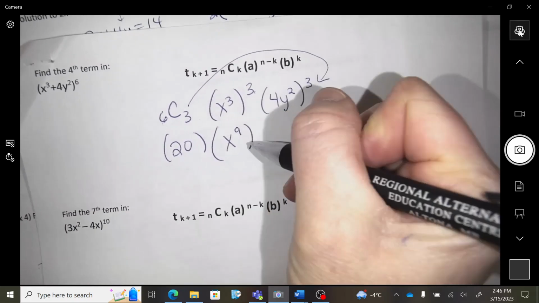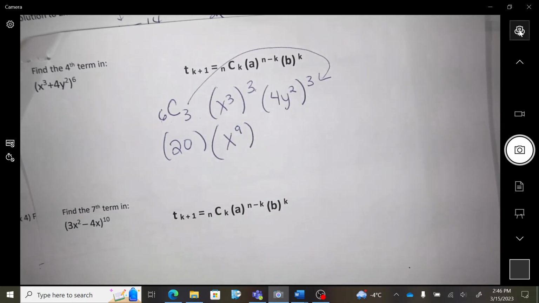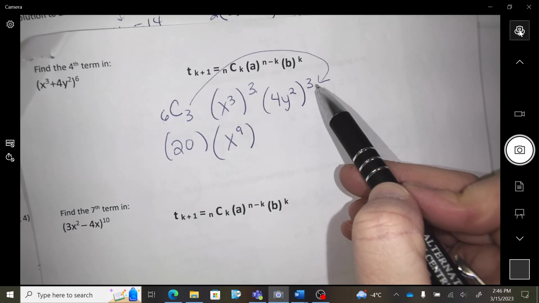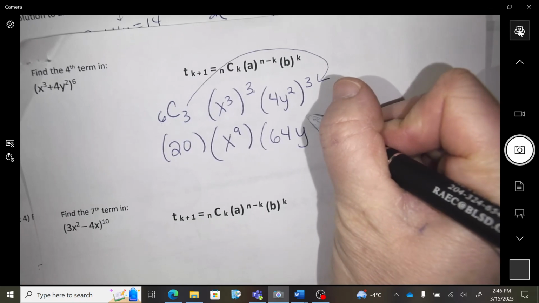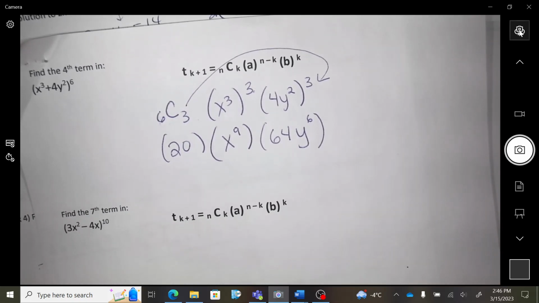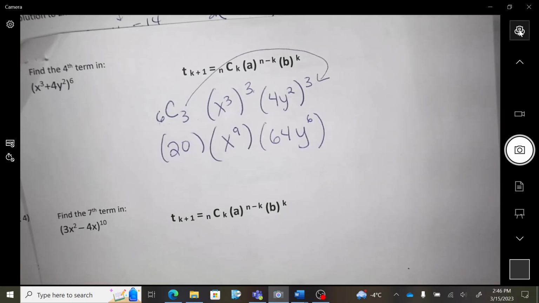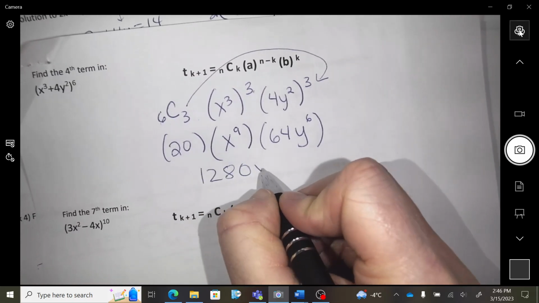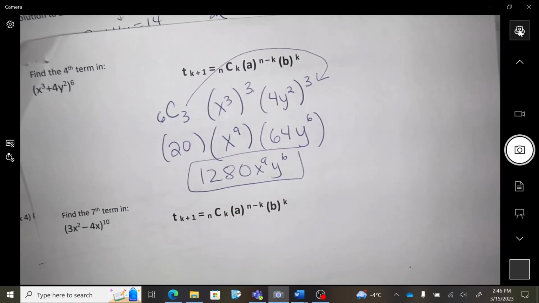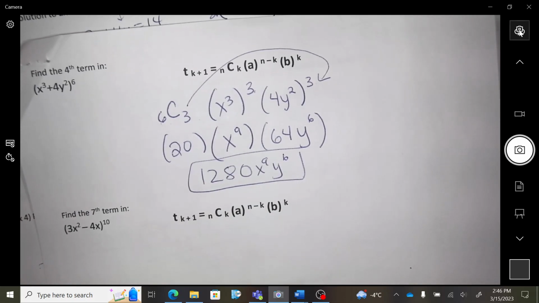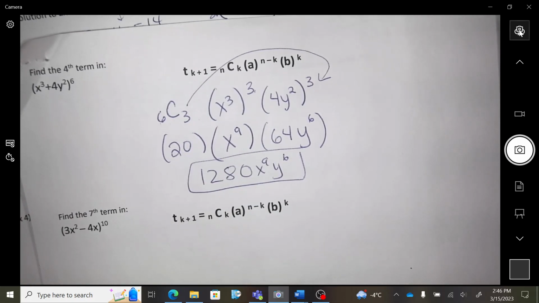X to the 9th, because of the rule, right? Now we got that rule down pat. And, okay, 4 cubed is 64. Y to the 6th. Okay, and on the last step, I simplified by just doing the number 20 times the number 64. That's where I would have got that.